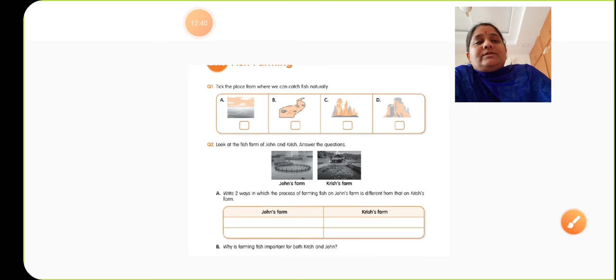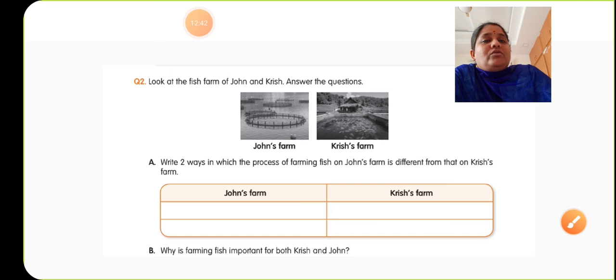Now the second question: look at the fish farms of John and Krish and answer the questions. John's farm is a cage farm method and Krish's farm is a fish farming method. Write two ways in which the process of farming on John's farm is different from that of Krish's farm.